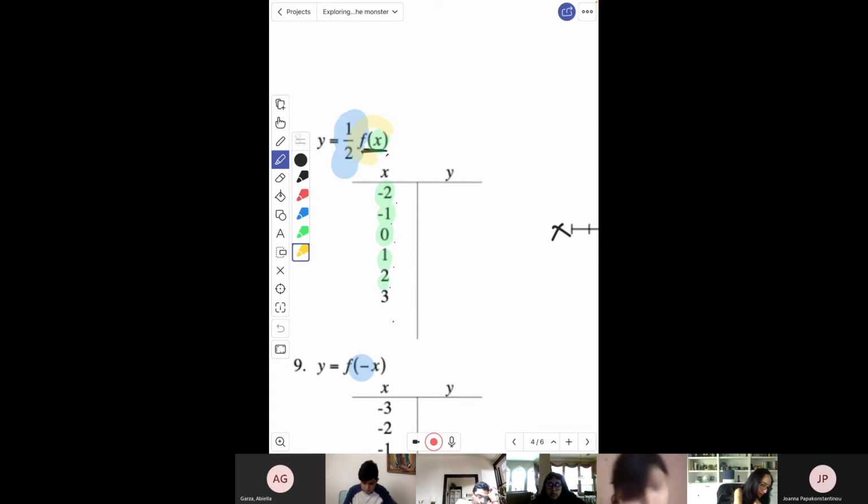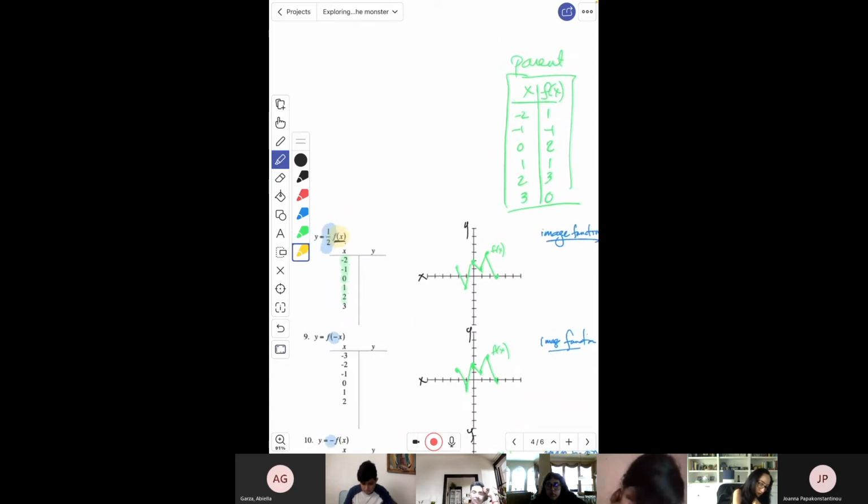And then once I get that, I look to my table, and I find f of x. And then I take half of that value. So it does make a difference. If the half is on the inside, the input, we're impacting the x's. If the half is on the outside, we're impacting the y's. Do you see that?